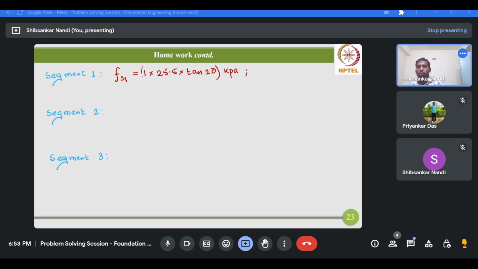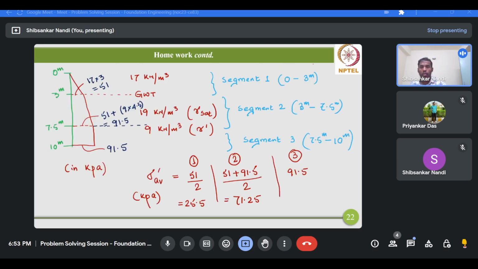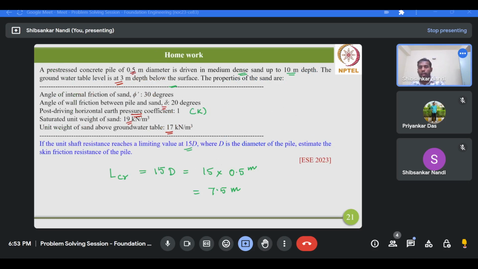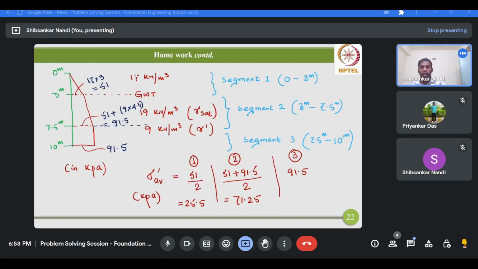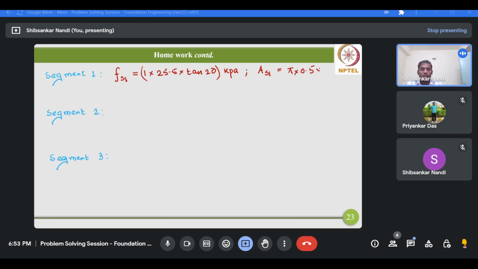And what is the surface area? The surface area As1 is pi d h. The diameter of the pile is given as 0.5 meter. Now what is h or L in this segment? The L is 3 minus 0, that means 3 meter.